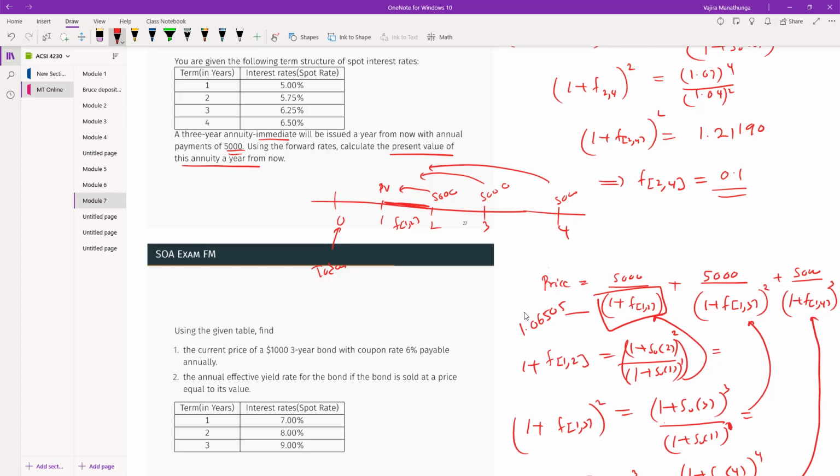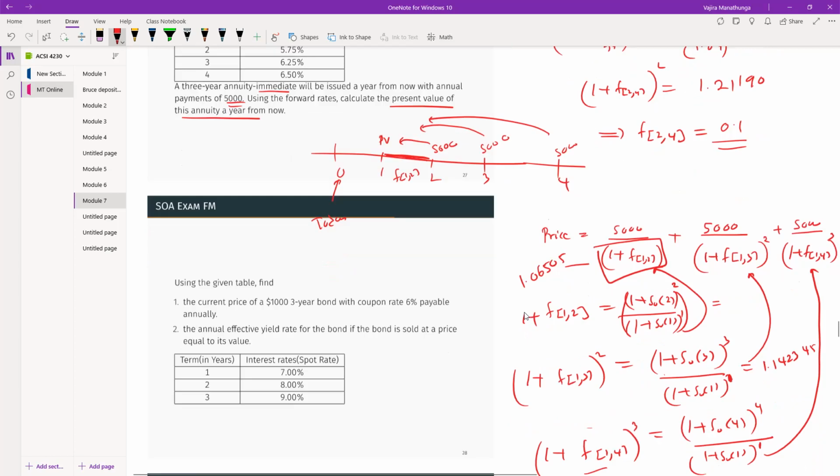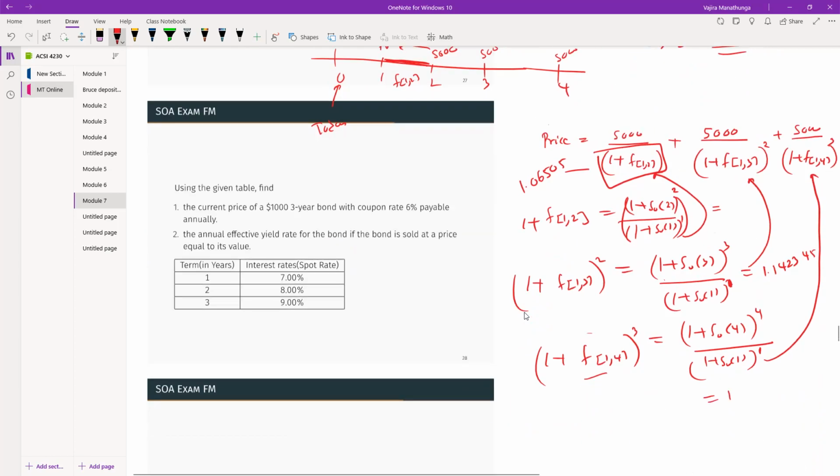So this becomes 1.142345, and then the other one also, you can see 5,000 is a common factor. All of this you can use if you are clever enough. When I'm solving, I realize these things. So this one is 1.2212.